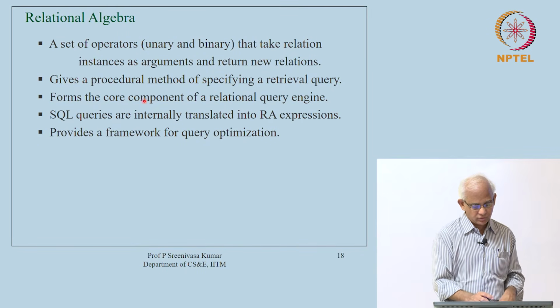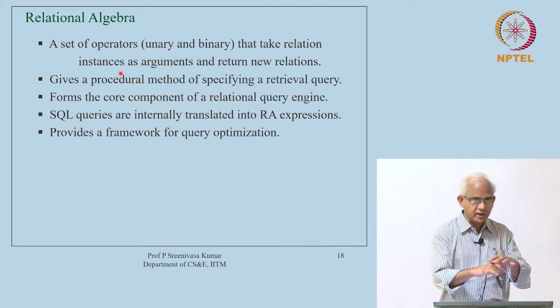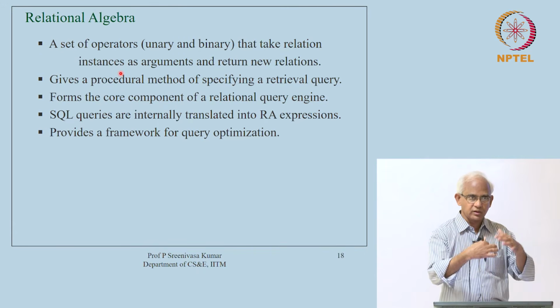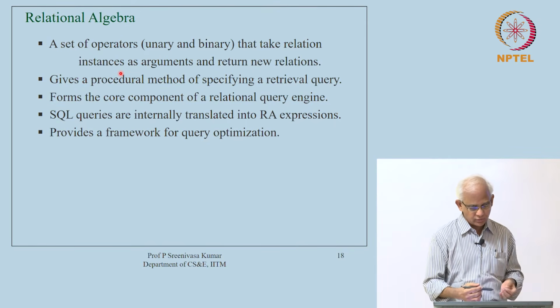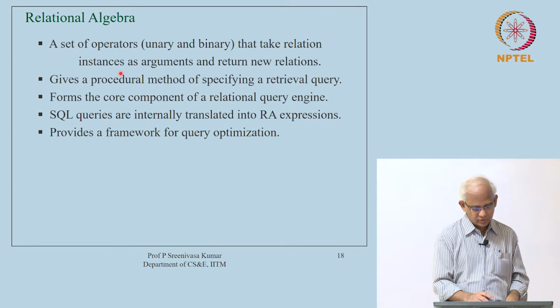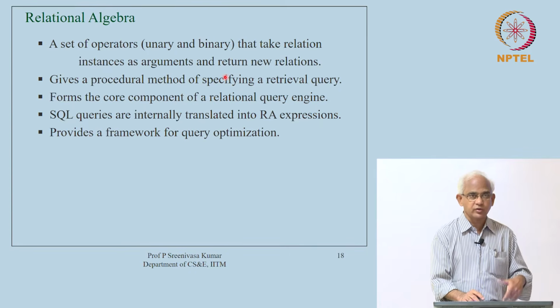Okay. So, when you have an algebraic expression, you can think of it as a tree, right, and so you can think of information flowing up like that, finally the output comes at the root in some sense. We will understand this as we go along and then discuss the queries.